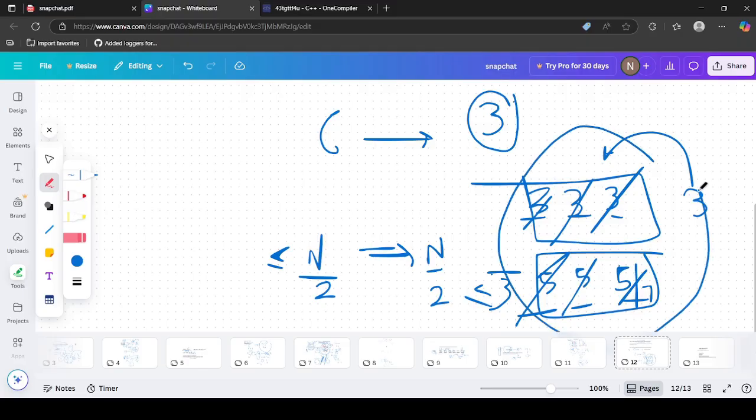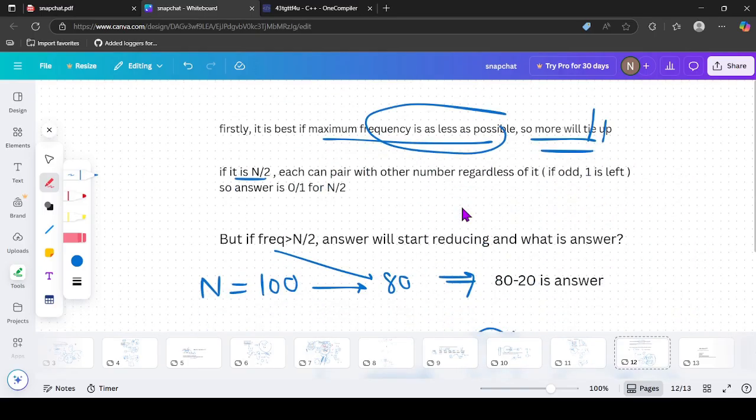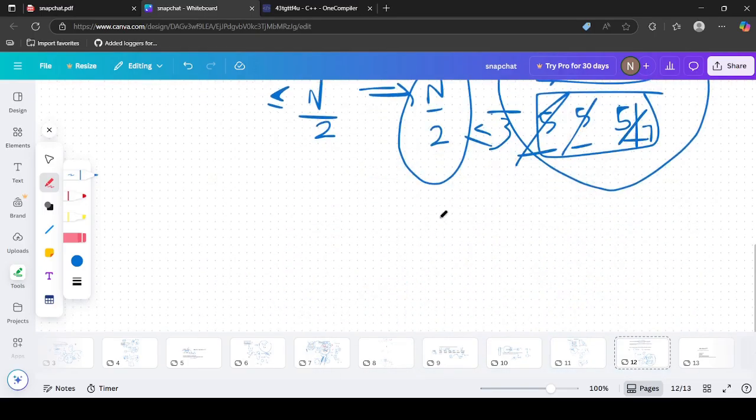Because from this we can clearly observe that if the frequency is less than or equal to n by 2, we can pair the highest frequency number with any other value, so the answer will be n by 2. For example, let's take an odd size. Let n be equal to 5. For odd, there may be a different case.